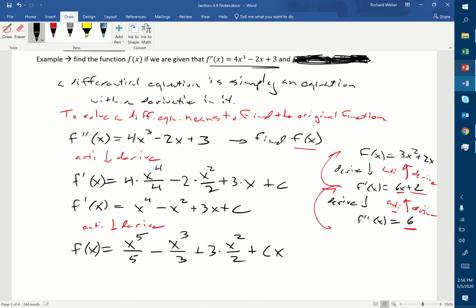We tack on an x, and then maybe the constant of integration is another constant k. Weird looking. That's really general though, and this is what we've got. We've got 1/5 x to the 5th minus 1/3 x to the 3rd plus 3/2 x squared plus some constant times x plus another constant.